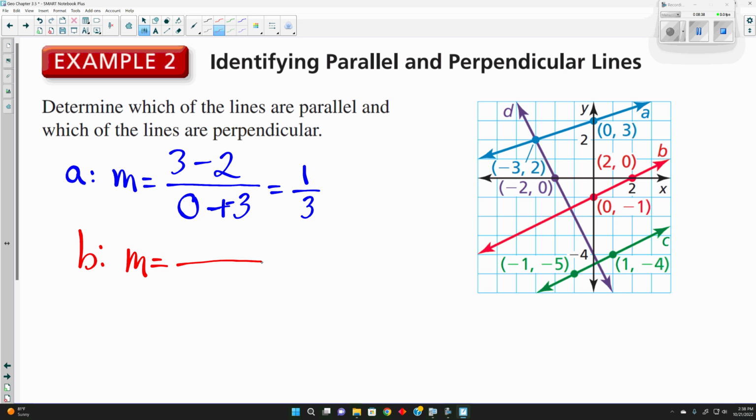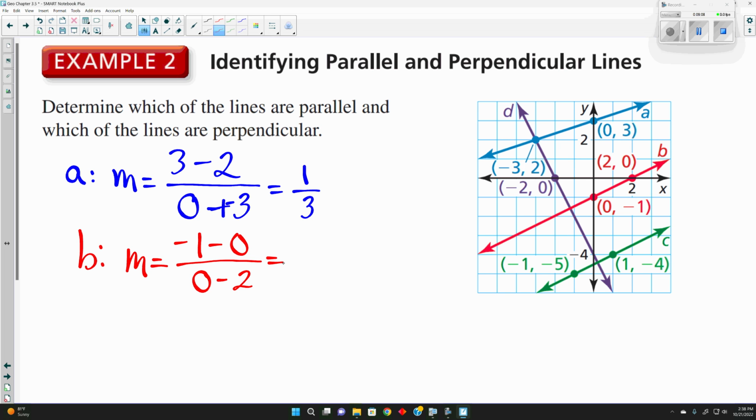So we need our two y values for this line B. So we can say negative 1 minus 0, or 0 minus negative 1. Either one works. Since I put negative 1 first, because the x value that goes with the y value of negative 1 is 0, we put it first.